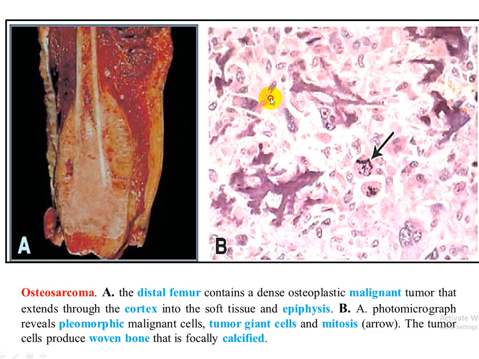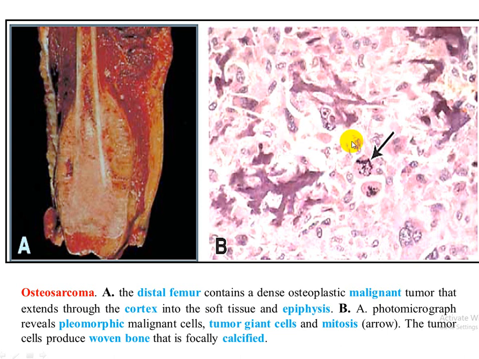Microscopically it appears with highly malignant characteristics. There is severe pleomorphism, different sizes of cells and nuclei, and loss of polarity, with haphazard arrangement of cells.